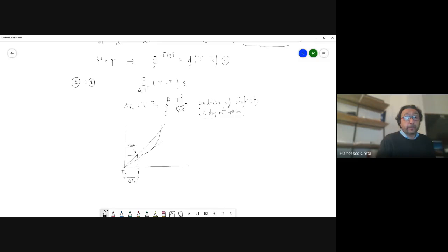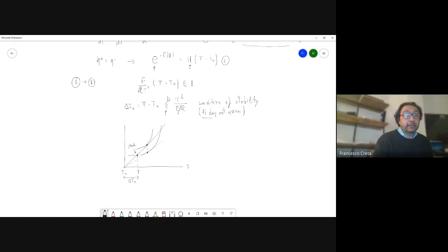We could even do something different. We could translate this upwards, for example, by increasing Q plus. We would still have a condition. So what you're actually doing is essentially reaching a condition of tangency.